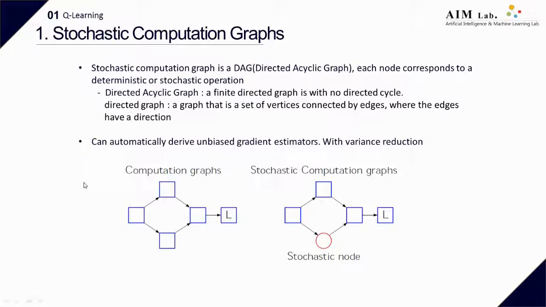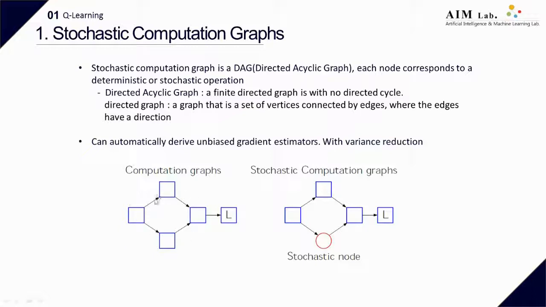Next one is stochastic computation graphs. The form of stochastic computation graphs is a DAG, a directed acyclic graph. DAG means a finite directed graph with no directed cycle, like this one.